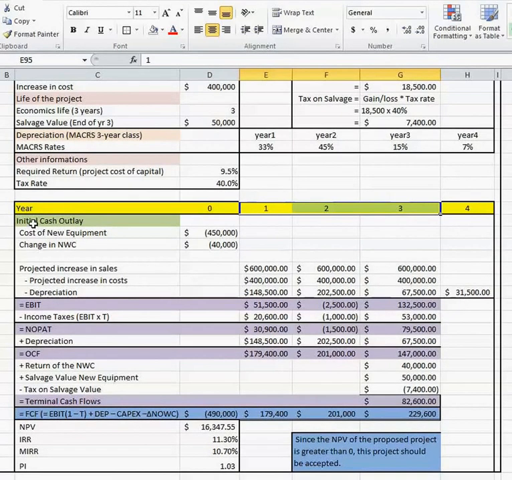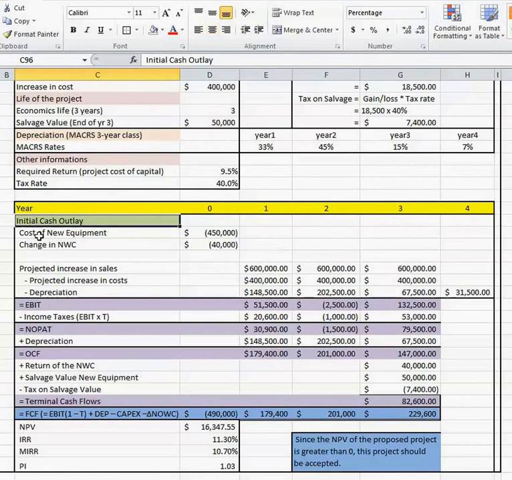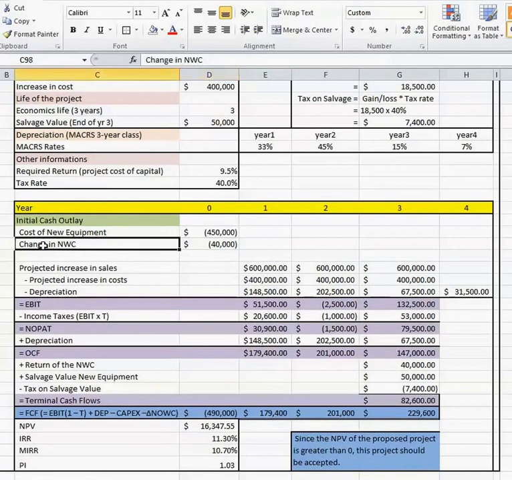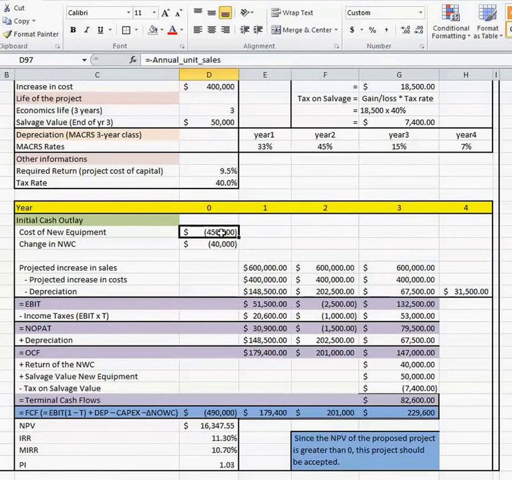The most important thing here is the cost of the new equipment, which is the depreciable basis. That's the money you need. Next is the change in net working capital, which comes here. If you add these two items, I put both of them as negative because it's cash outflow.